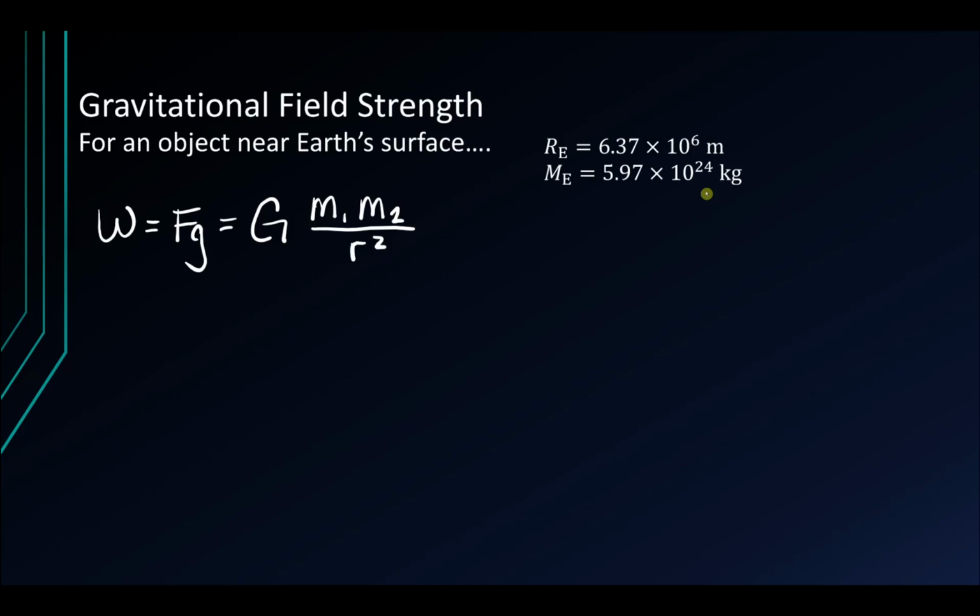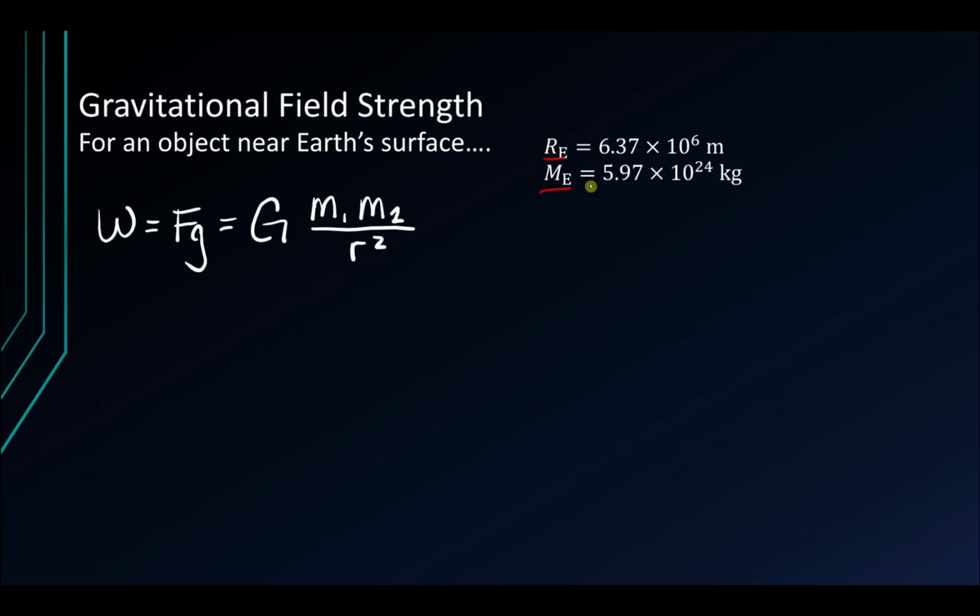Well, for an object that is near Earth's surface, we can assume that the radius of the Earth is 6.37 times 10 to the 6 meters, and the mass of the Earth is 5.97 times 10 to the 24 kilograms. So the weight, or the force due to gravity, of this object is equal to the gravitational constant times the mass of object 1, mass of object 2, divided by the radius squared between them.